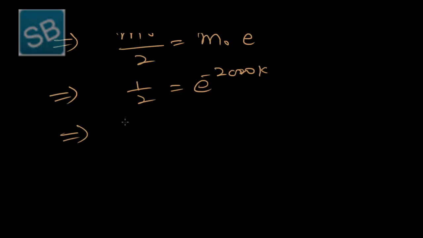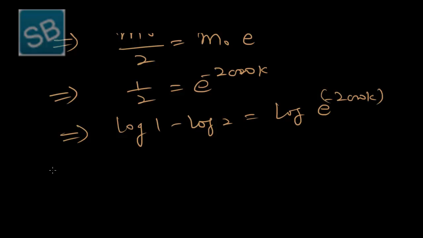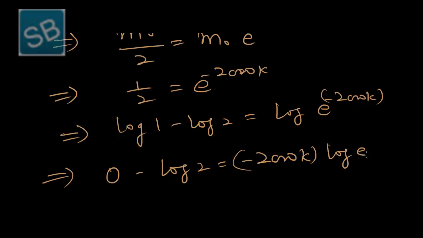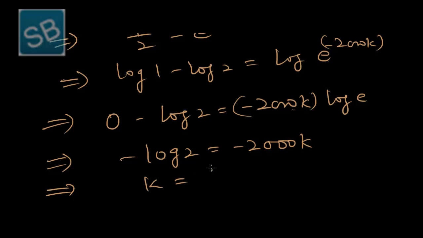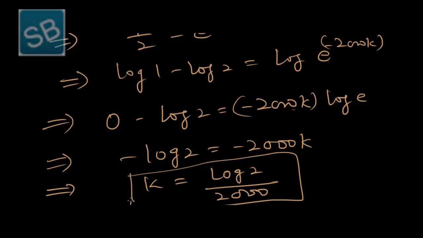Taking log, log 1 minus log 2 is equal to log of e raised to power minus 2000k, and log and e are cancelled. So log 1 is 0, minus log 2 is equal to minus 2000k log e, that is log m raised to power n is n log m. Log e is 1, so we get minus log 2 is equal to minus 2000k. That gives k is equal to log 2 over 2000. So we get the value of k.